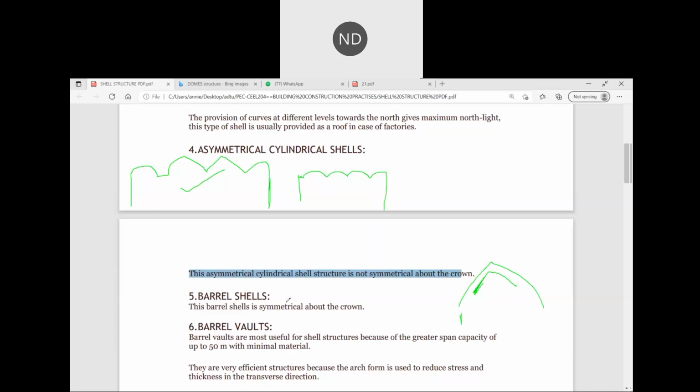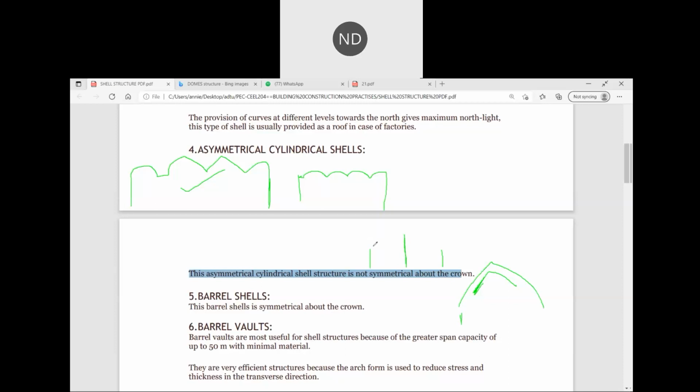So barrel shells mean what? Suppose you have a structure, a column here. Barrel actually means something bulging out in the middle, in the center, between these columns, in a structure where you're constructing.